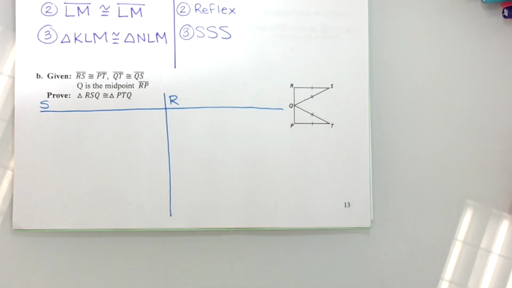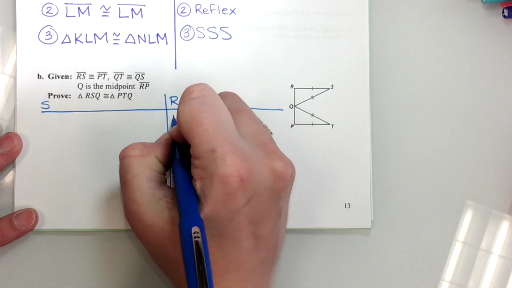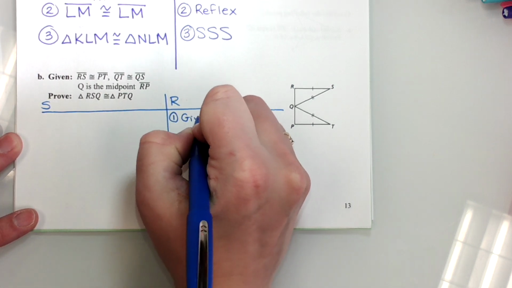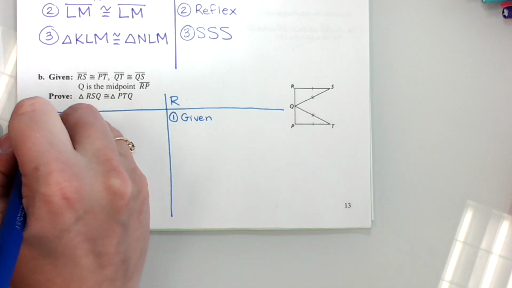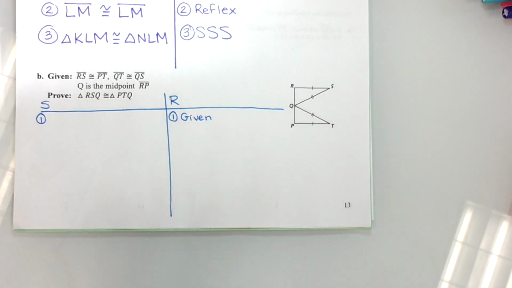Two columns, one's S, one's R. Haley, how do I start every proof? Reasons given. Charlie, how many givens do I have in this proof?